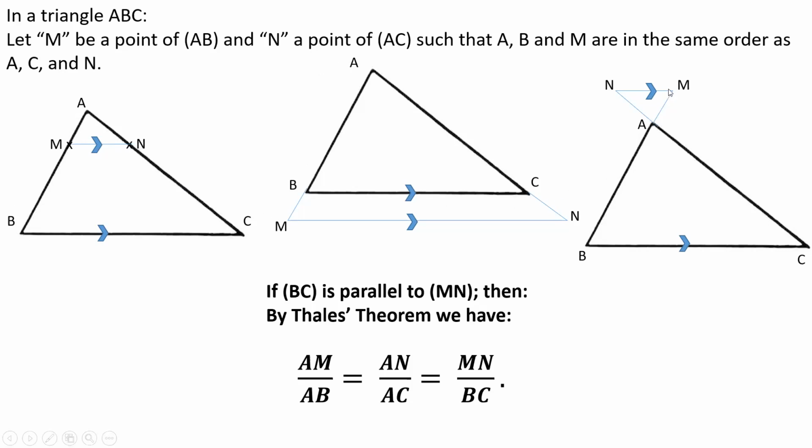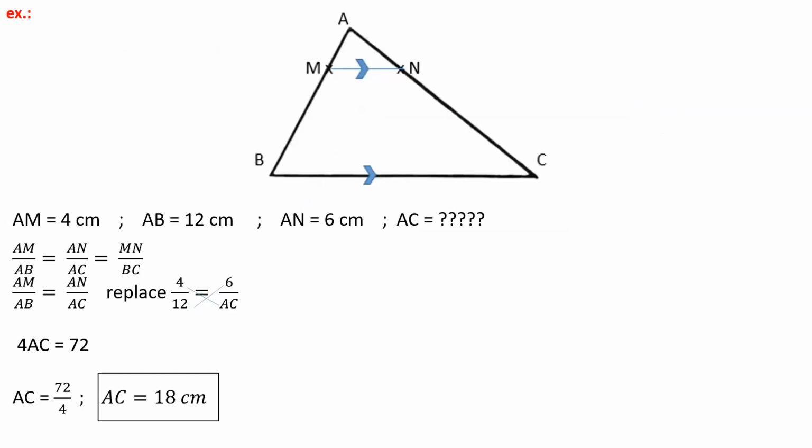So always when writing the ratio, I start from A. Then I write the parallel line MN over the parallel line BC. This is how we apply Thales theorem when having two parallel lines in a triangle.